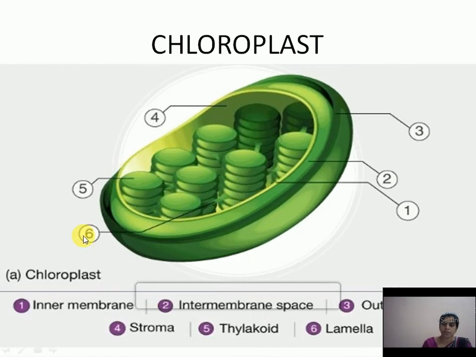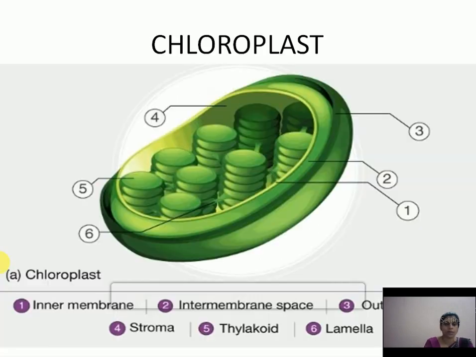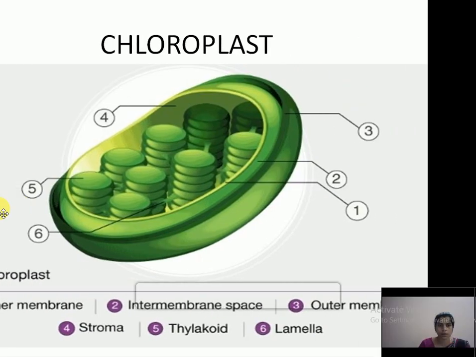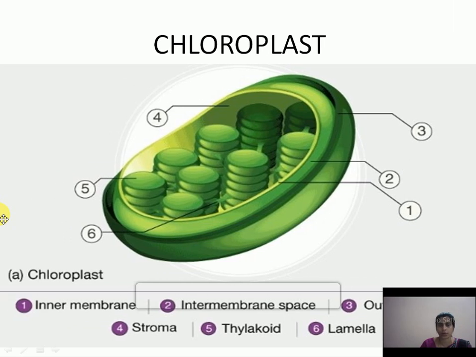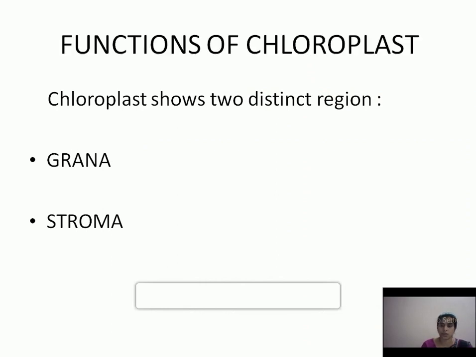And the next is stroma. Okay, the stroma is a ground substance that is embedded in the grana, and this contains a variety of photosynthetic enzymes and starch grains.